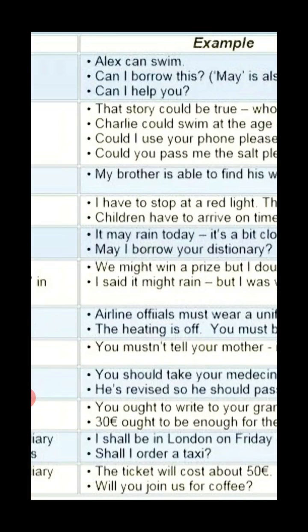So, someone is basically laying out a kind of invitation to another person. Will you join us for coffee? Means to take coffee or for having coffee.